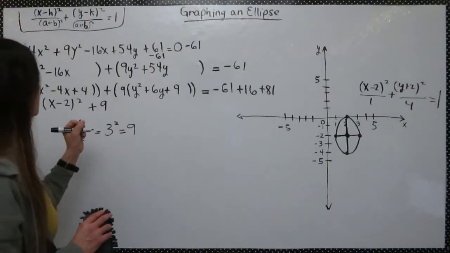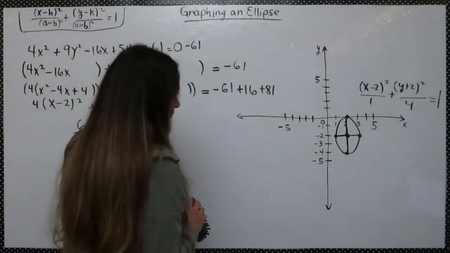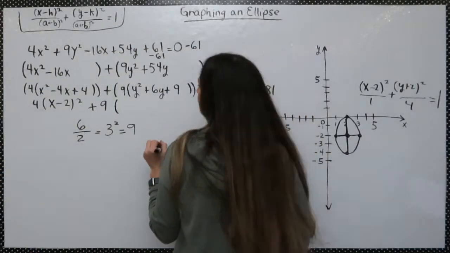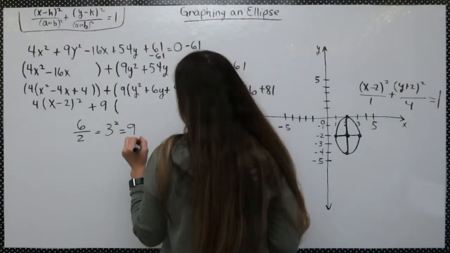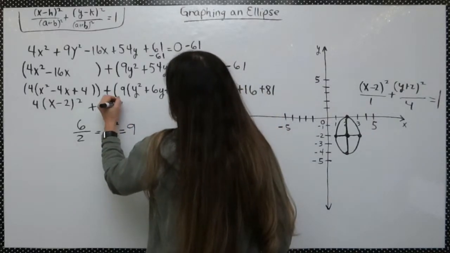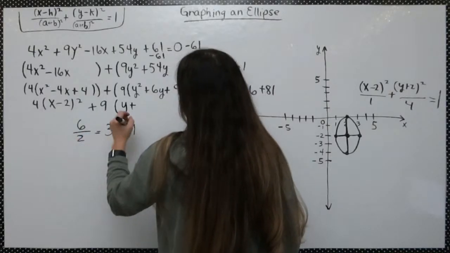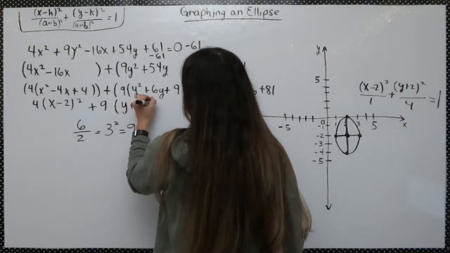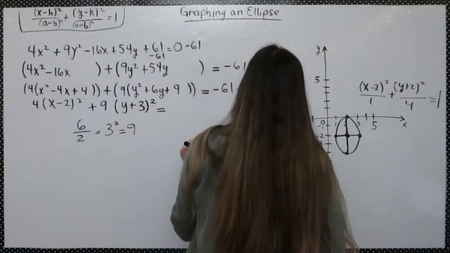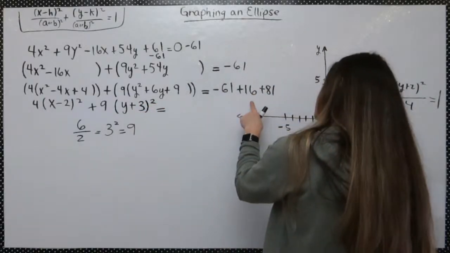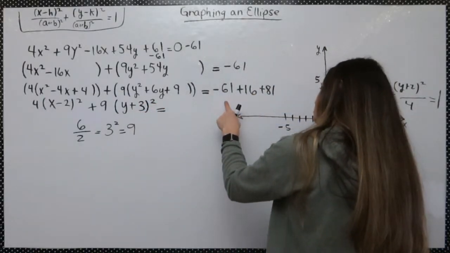More importantly, we've made our perfect square for our y terms, and that's going to be 9 times y plus, and that's that number that you have before you squared it, 3 quantity squared, and that equals, and then we have to figure out what 81 plus 16 minus 61 is.